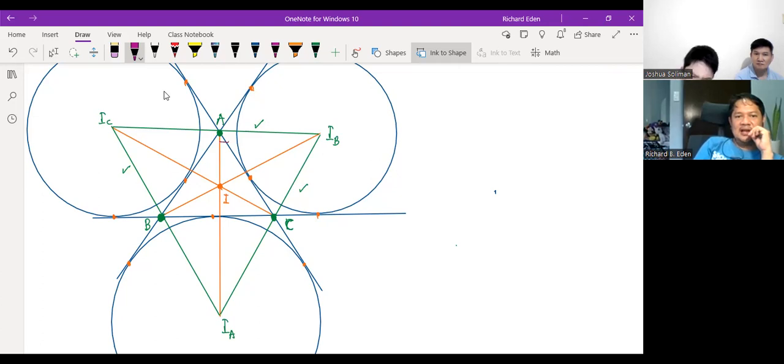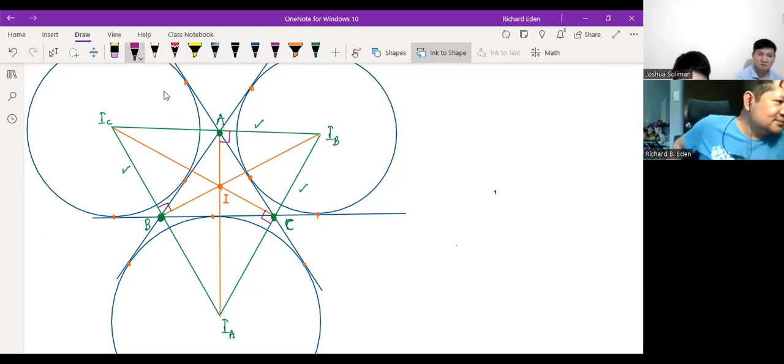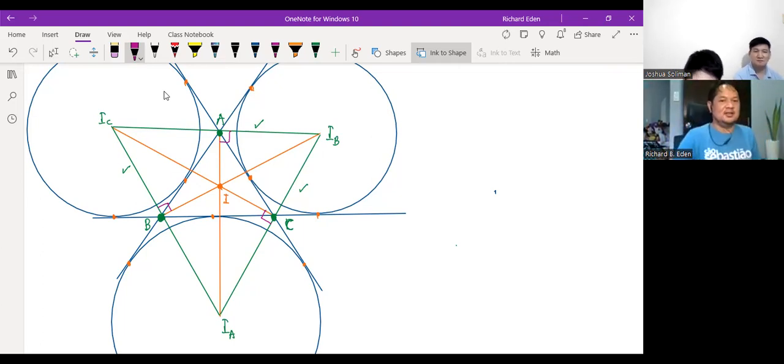So that means you have 90 degrees here, here, and here, which means that for the triangle formed by the excenters, the green triangle, the orange segments are in fact the altitudes.